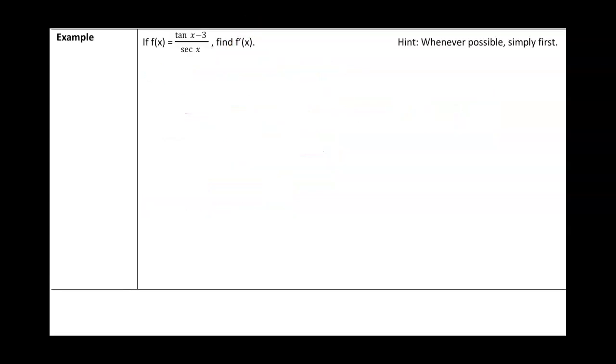Okay, now here we do have to simplify because we have a quotient. So anytime you have a product or a quotient, simplify first. So tan x is going to be sine of x over cosine of x, and then you have the minus 3, and you have over 1 over cos x. Remember, when you have a complex fraction, you multiply each term by the LCD, which in this case is just going to be cos x.